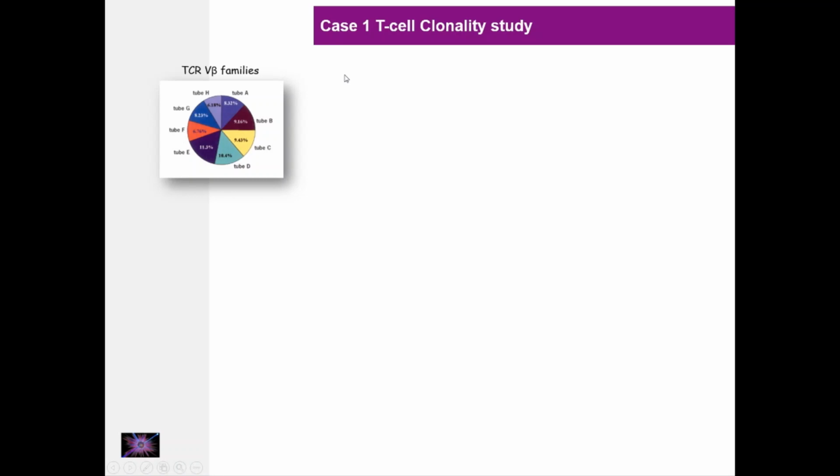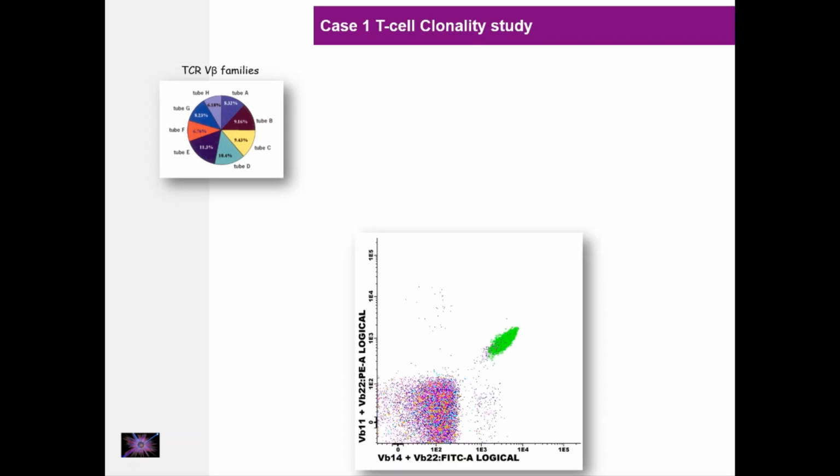So I'm showing you the study of the TCR V beta families that we performed, and we used a kit which has 8 different tubes. In each tube we have 3 different V beta families, so in total 24, which represent around 70% of all the V beta families.